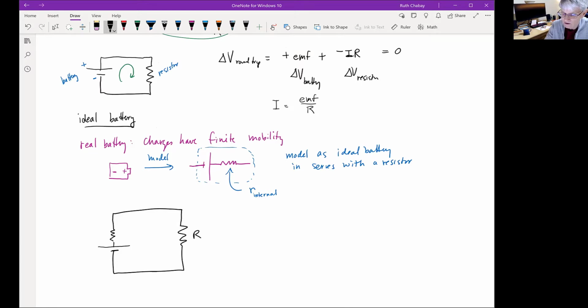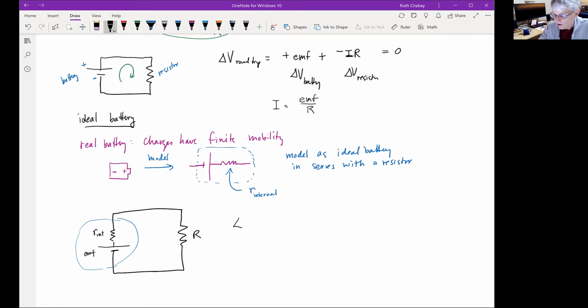Here's our resistor R, here's our EMF, here's our internal resistance, and this is, again, all lumped together inside the battery.